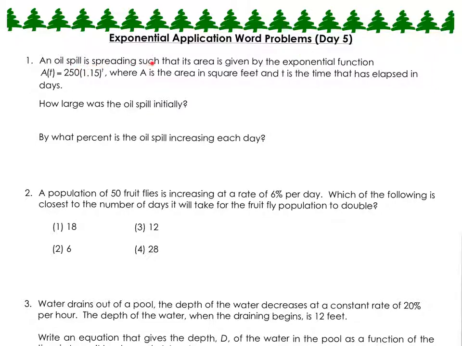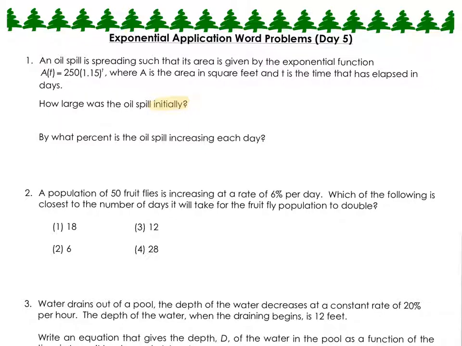An oil spill is spreading such that its area is given by the exponential function A(t) = 250 times 1.15^t, where A is the area in square feet and t is the time that has elapsed in days. How large was the oil spill initially? Well, I think that word initially is very important here, because initially, to me, that means what is the initial value?